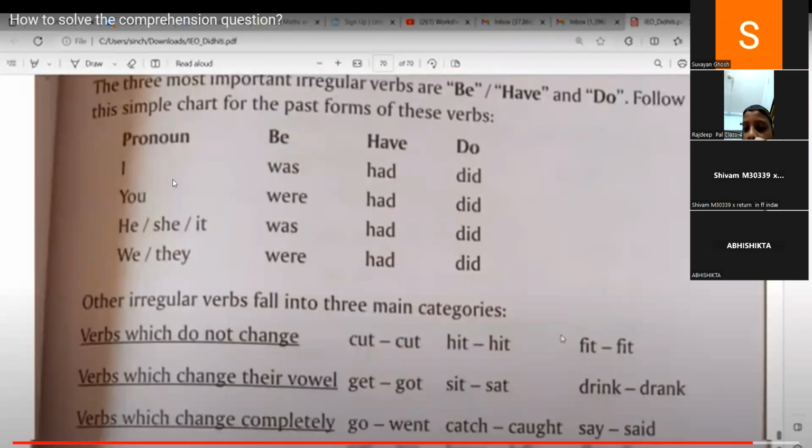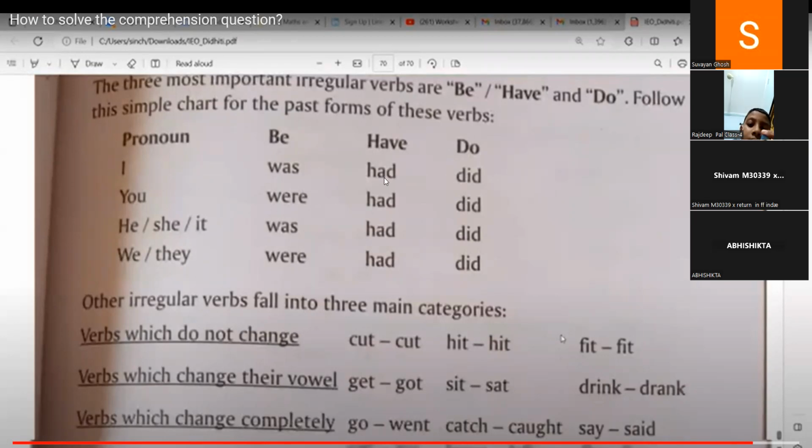In place of have, we use had to make a sentence from present to the past tense. Is it clear? Yes, ma'am. Okay, now Rajdeep, make a sentence with I and had. I had a pen.